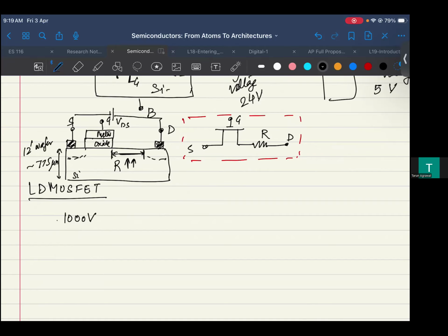So if I want this kind of voltage to be dropped in my transistor and it can still work as a switch, then there is another variation you can try, where this is your silicon, right? And what you do now is, rather than creating this metal oxide like this, this is your source, still remains, this is your drain, right?